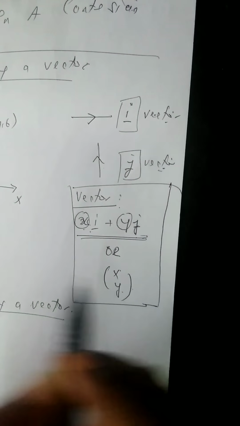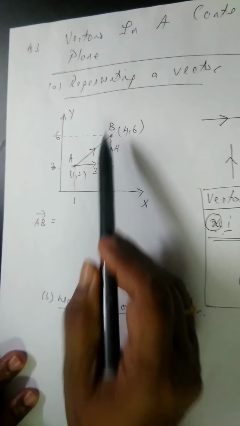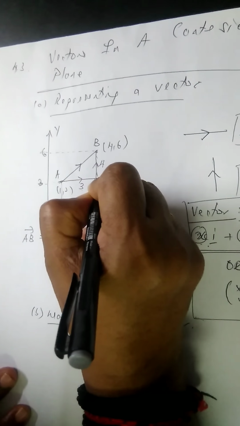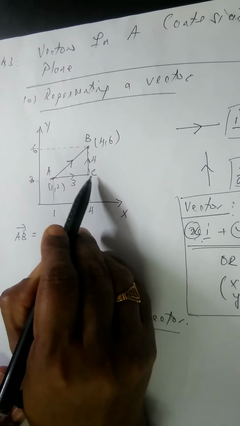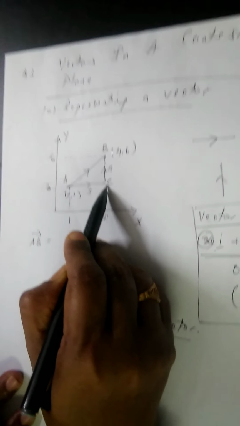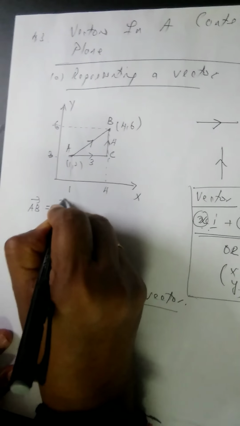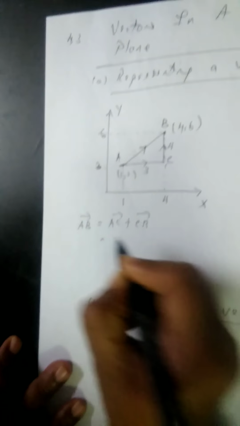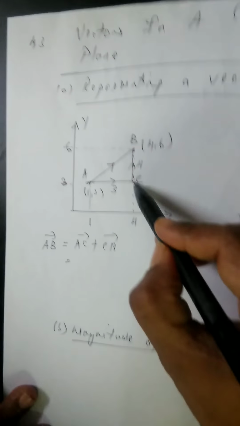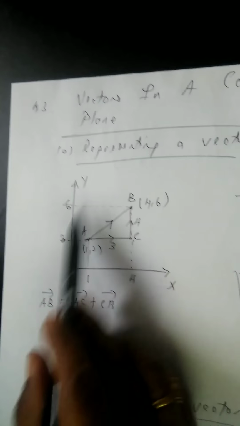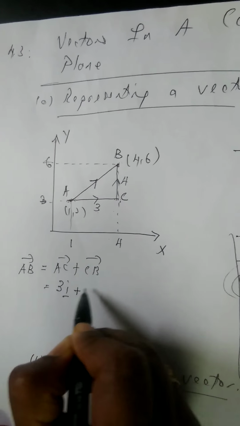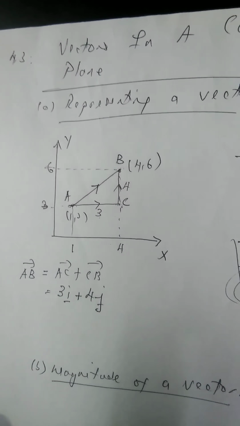AB is moving from here to here. So we're going to go from A. Let's say I add in one coordinate C. So A to C is 3 units, plus C to B. A to C is 3, C to B is 4. So if I want to write it in this form, it will be 3i plus 4j.